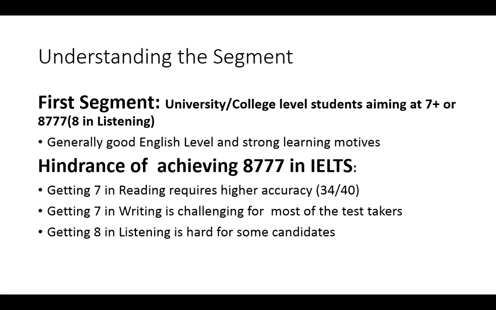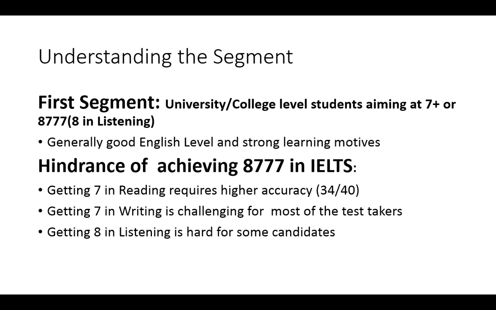And although these students are very good with English, there are still some hindrances for them to achieve a really good band score in the IELTS general training test. The first one is the reading module.